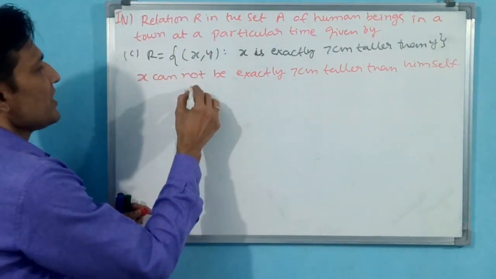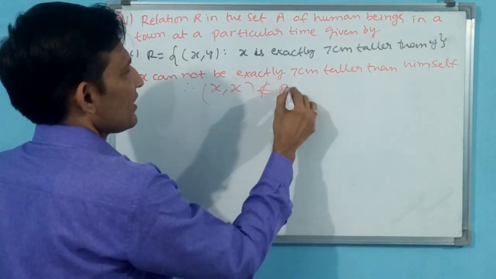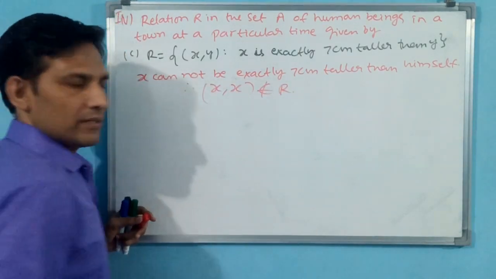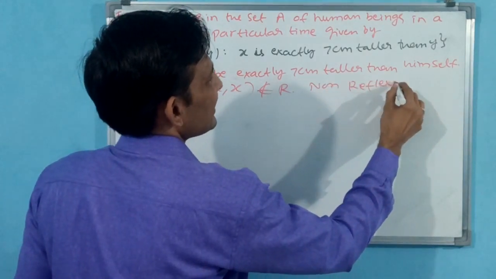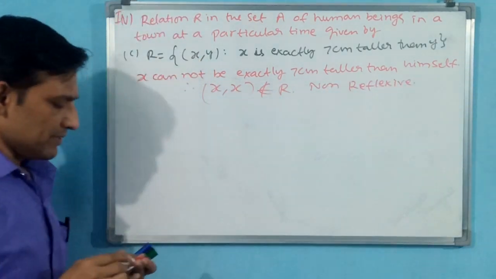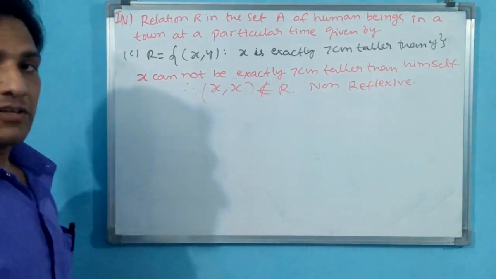Okay, therefore X comma X does not belong to R. Non-reflexive. You understand the concept? Okay, next we write symmetric.